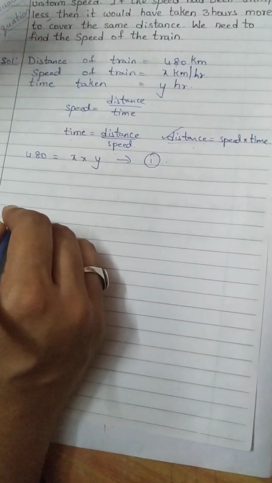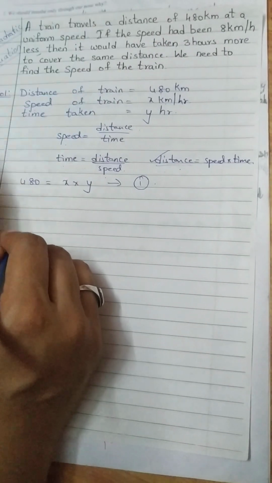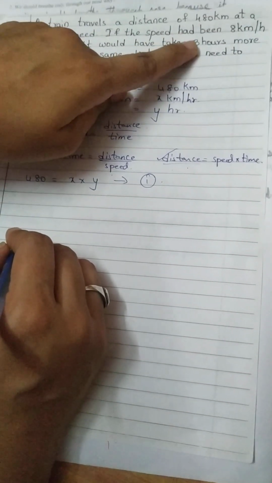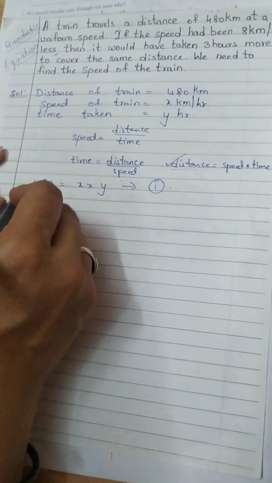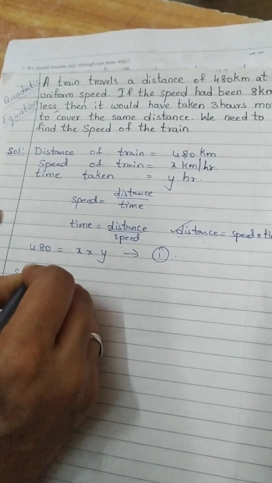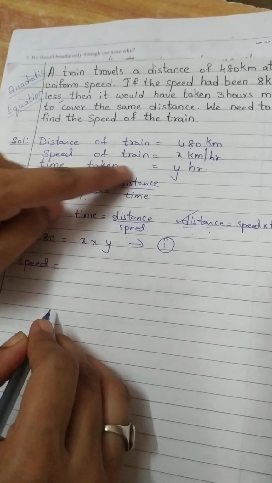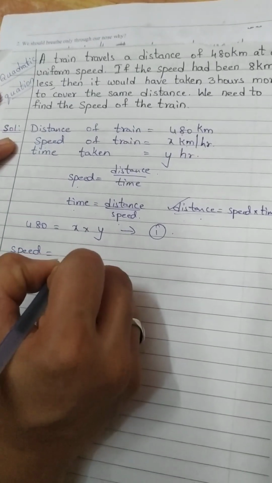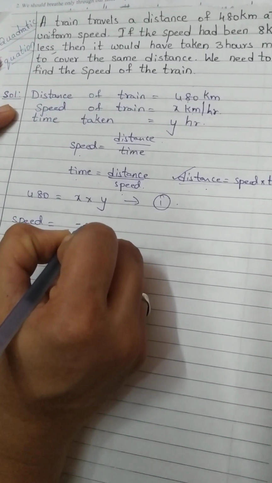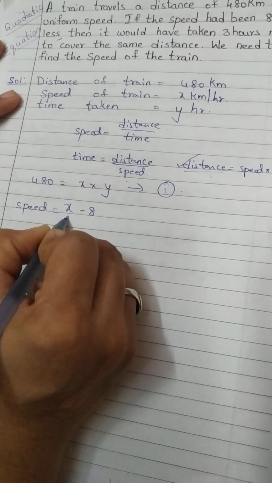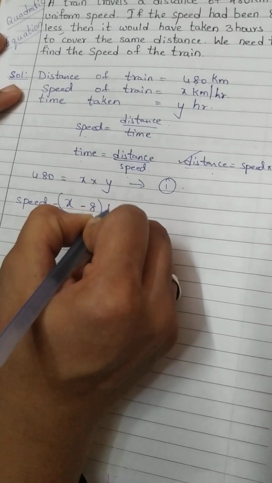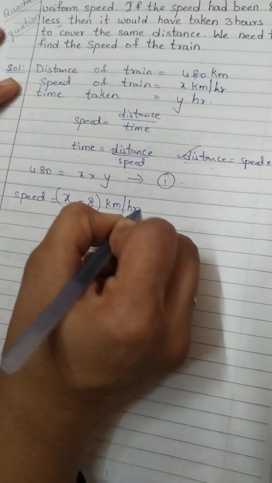Now you go into the condition. Now read the question step and then you write the condition. If the speed had been 8 kilometers per hour less, original speed is what? x. So less in the sense minus, children. How much less? 8. So x minus 8 kilometers per hour.